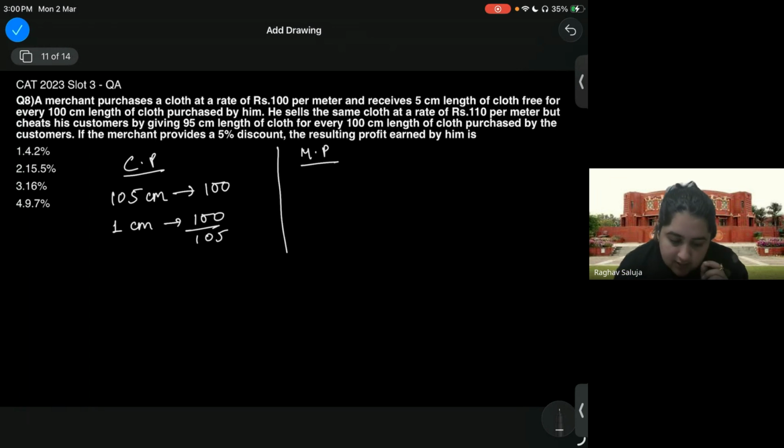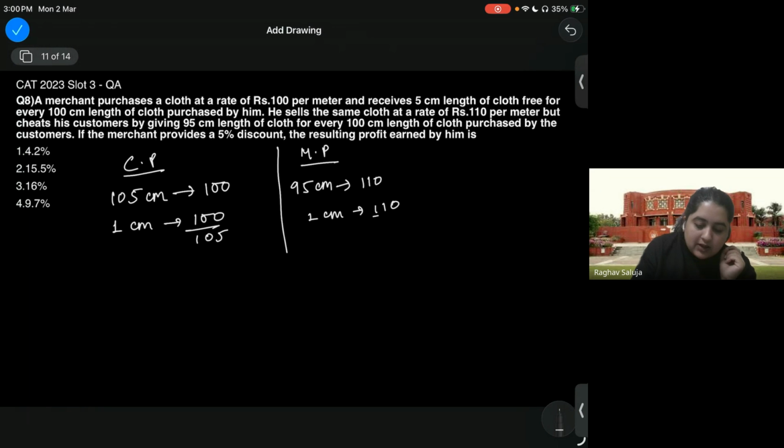It is written he sells the same cloth at a rate of 110 per meter, but cheats his customer by giving 95 centimeters. So he sells 95 centimeters at 110 rupees. So for 1 centimeter, our marked price is going to be 110 divided by 95.